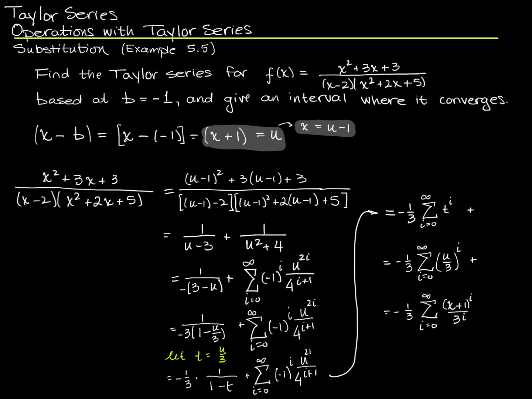And then I'm going to remind us that because this is a constant, I can either pull it out or bring it back in. So I'm going to bring it back in. My second term will go there. So I'll have the sum, i going from 0 to infinity, of negative 1 over 3 times, so the numerator is 1 times x plus 1 to the power of i.